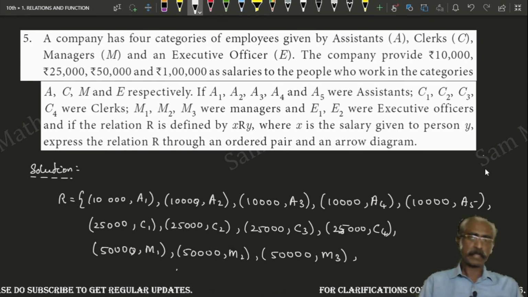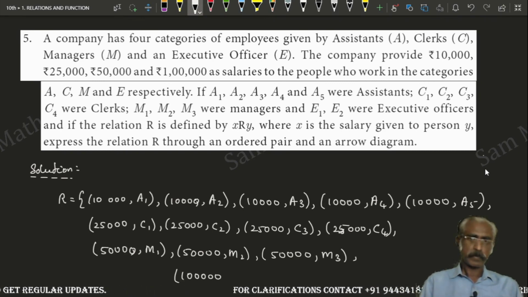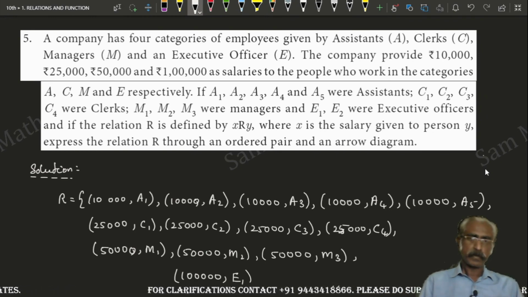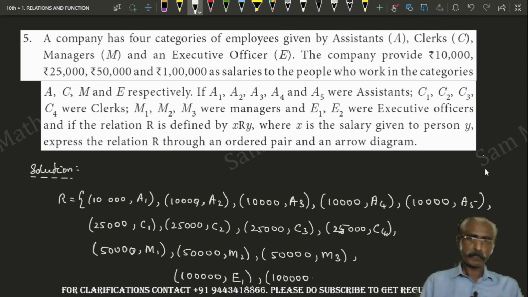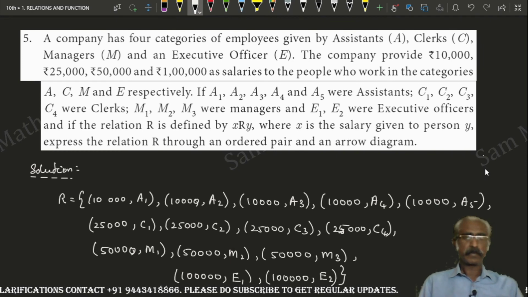Their salaries are 1 lakh: (1 lakh, E1), (1 lakh, E2), the second executive. So this is the set of ordered pairs, that is the relation.